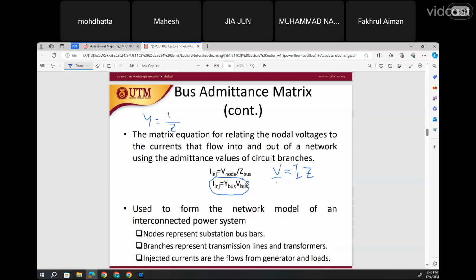And why do we need admittance? Because we are living in a constant voltage world. Constant voltage world means that the voltage at the bus, the substation, the power system terminal, is normally specified based on the transformer rating and the application.